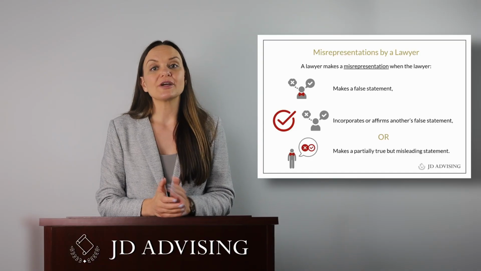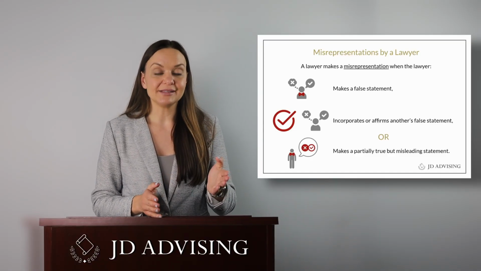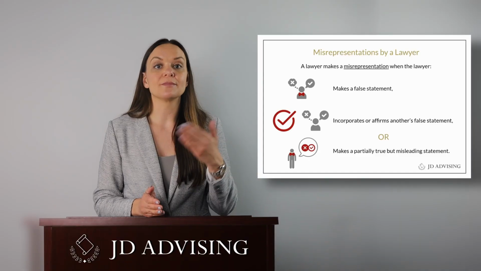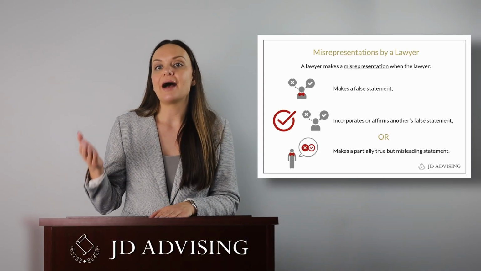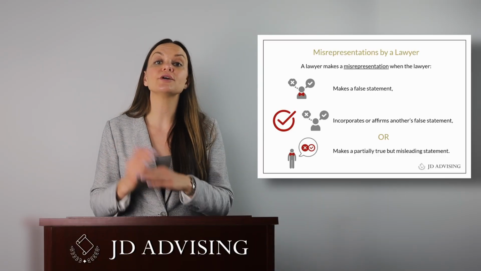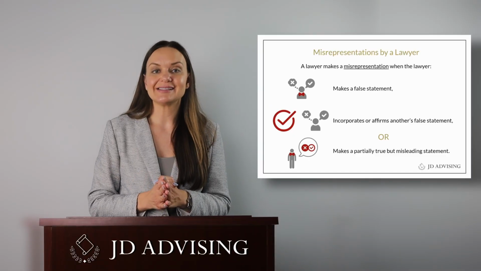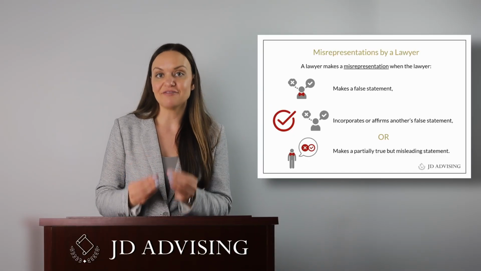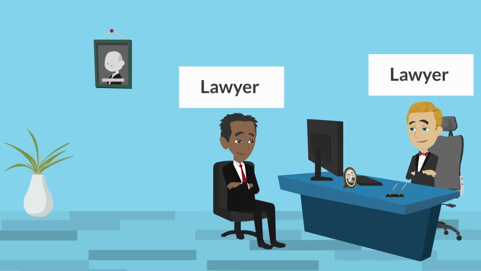Thus, this rule strikes a balance between those instances in which a lawyer knowingly lies or lies by omission or misrepresents information and is otherwise doing her job ethically, advocating on behalf of a client or trying to negotiate. Therefore, not every single thing that a lawyer says amounts to a statement of material fact. Turning to the example in the outline, it states, my client wants to take this case to trial.